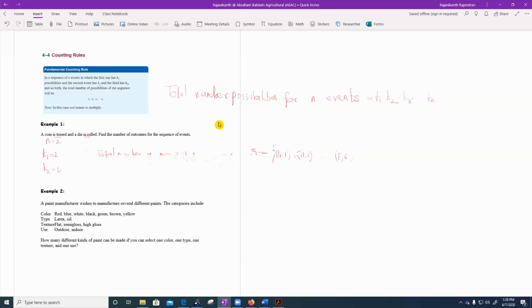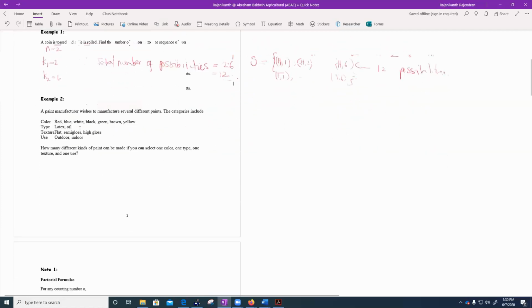And we may have tails and the number 1 from the die and so on up to T6. So there are 6 possibilities here and 6 possibilities here. So in total, there are 12 possibilities. But in this particular problem, they are not asking us to find the sample space, just the number of possibilities. But I have given here in detail all 12 possibilities.